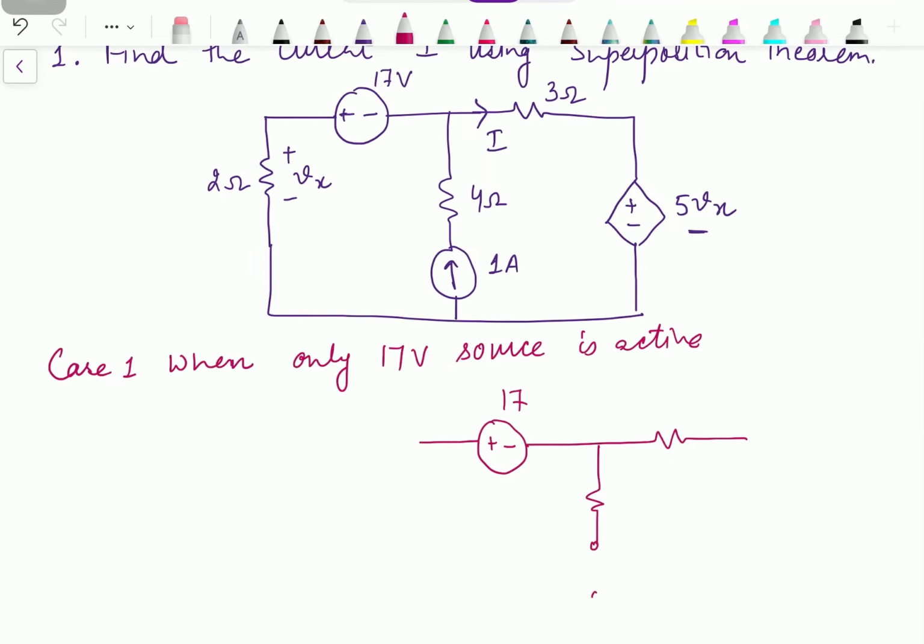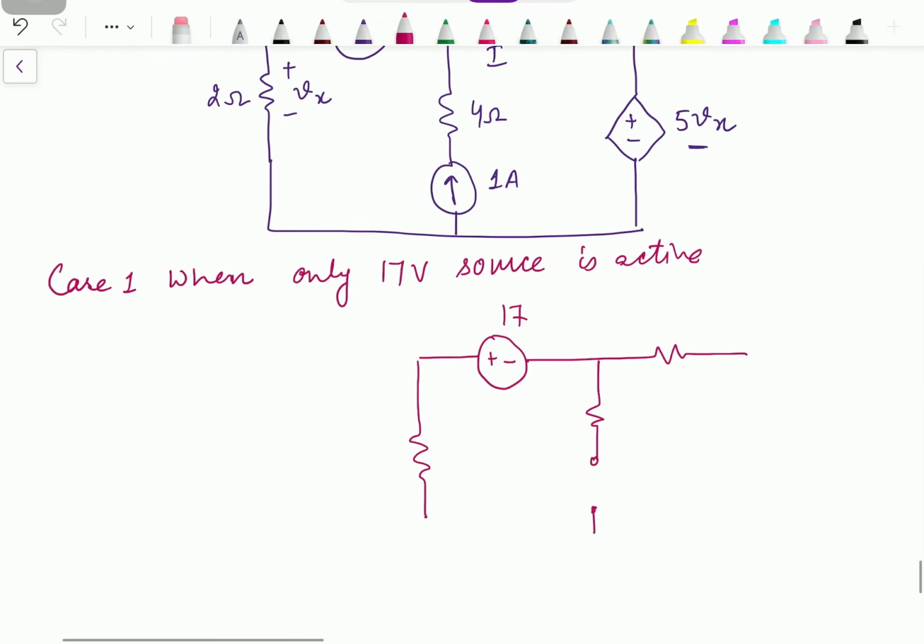The current source has to be replaced by its internal resistance, and that is infinite. That's why it is replaced by an open circuit.